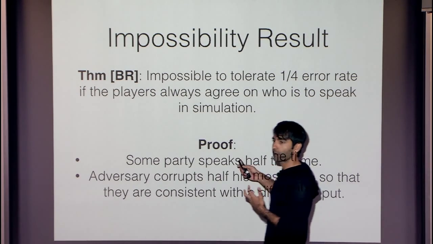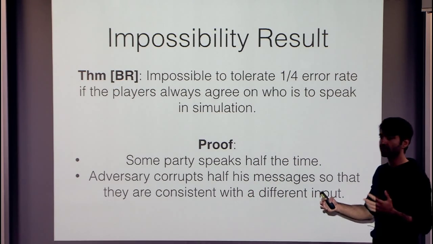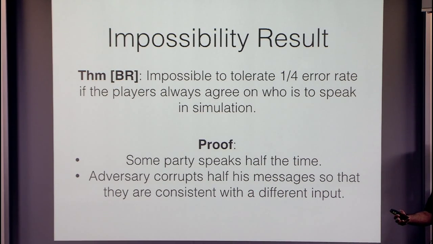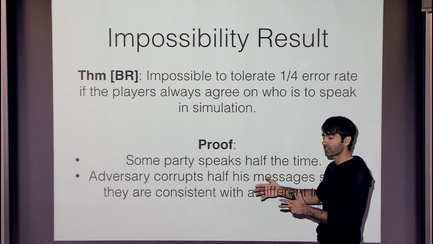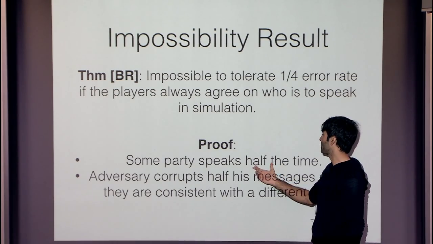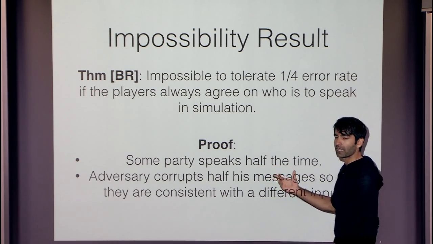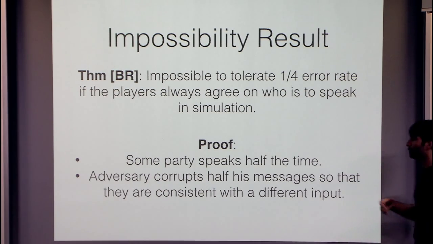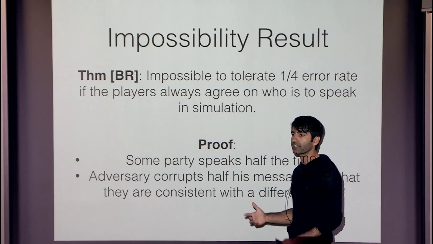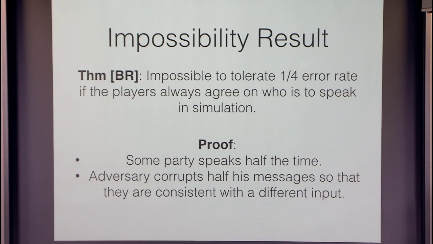That's because if the model for communication is that in every step the players agree about who is going to speak in that step, then intuitively, in any simulation that you construct, one of the parties will be speaking half the time. And the adversary can always focus all of their errors on that party. With a 50% error rate on that party, they can corrupt any such protocol.